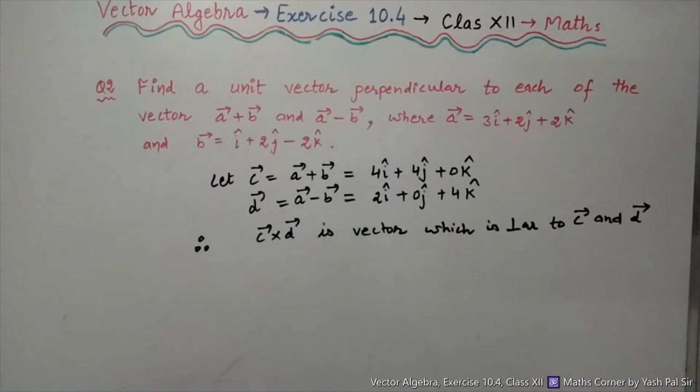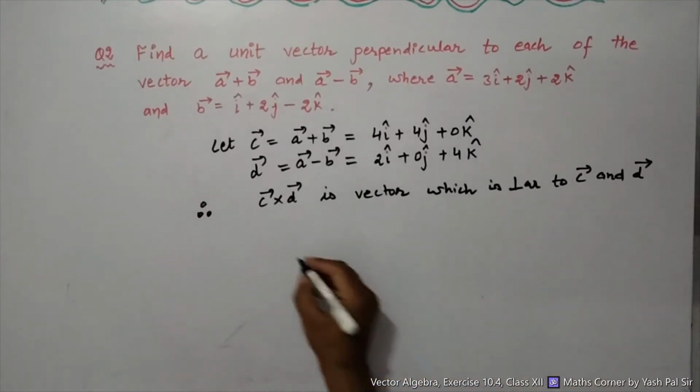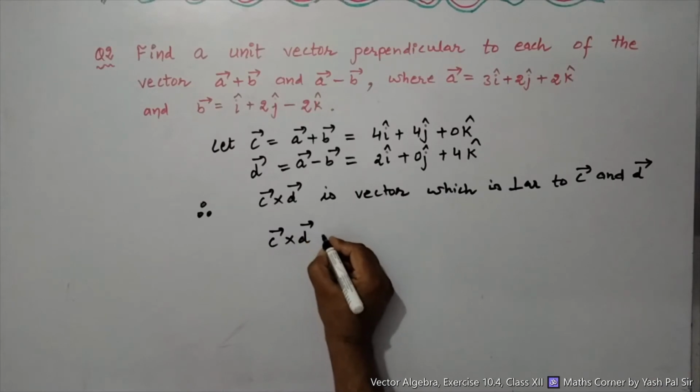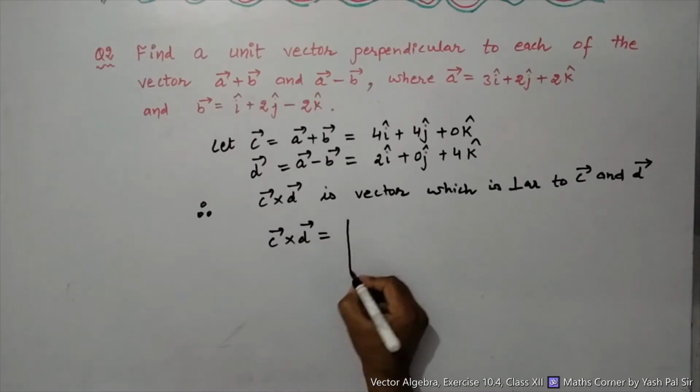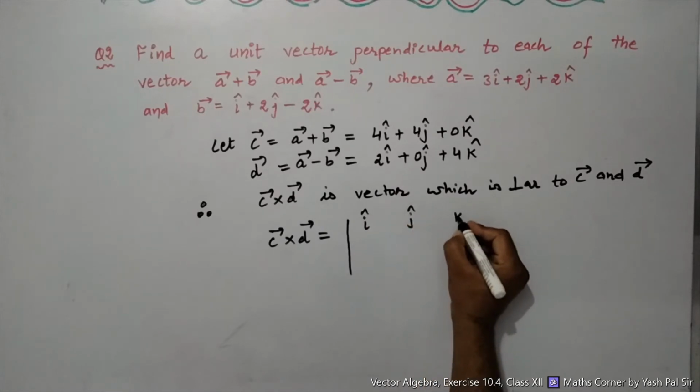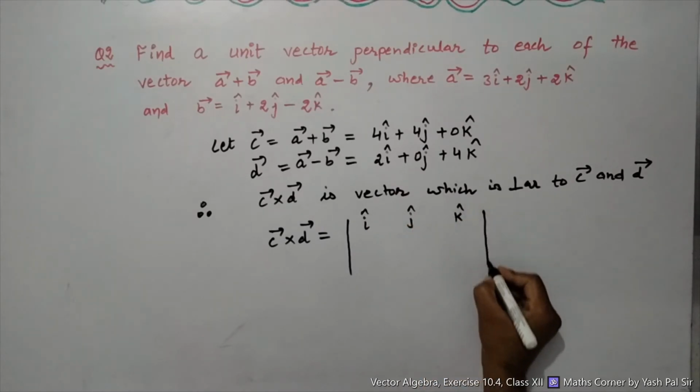So here we need to find the cross product of c and d. So how to find c cross d? c cross d is equal to, writing i j k.